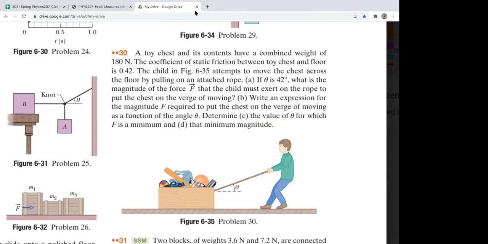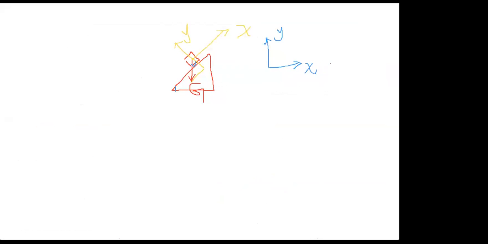Okay. So we have a box here, and this is the weight, 180. And then definitely you have, sorry, this is not.